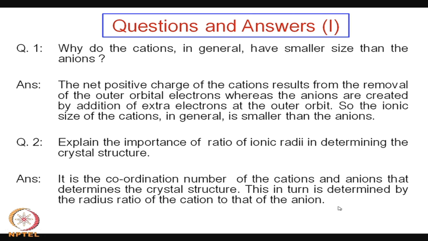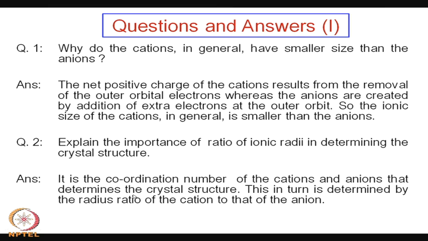There is a very important role of the coordination number, either of the cation or the anion, in determining the crystallographic symmetry, and this coordination number is determined again by the radius ratio. What is the ratio of the radius of the cation to that of the anion, okay. And therefore, ionic radii or the ionic size has a very important role to play in determining the crystal structures.